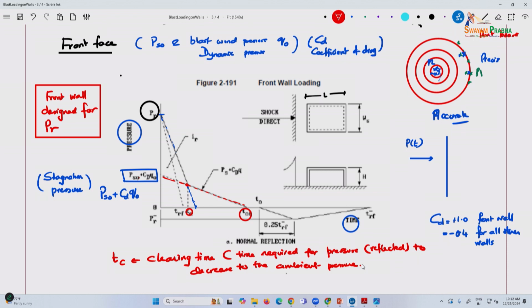And then the curve that you will use for design purposes is this curve. For calculating, this would be your design curve.